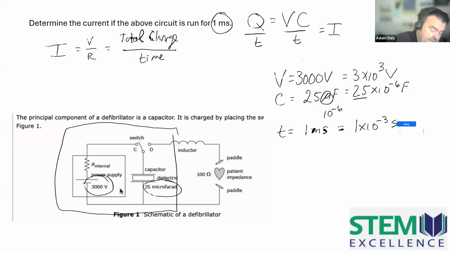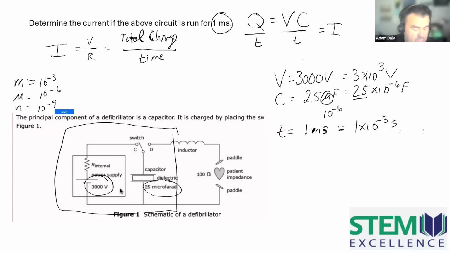So you can see we're getting a lot of use of milli, 10 to the minus 3, and micro, 10 to the minus 6. And 10 to the minus 9 would be nano. There are going to be many opportunities to use these conversion factors. With that, we can plug it into the formula.